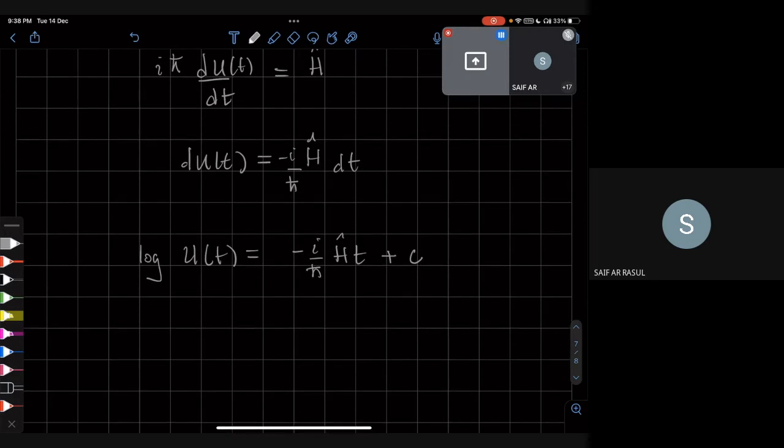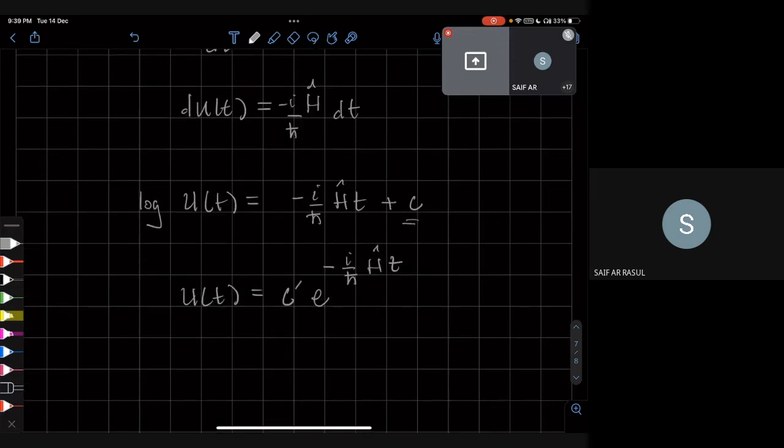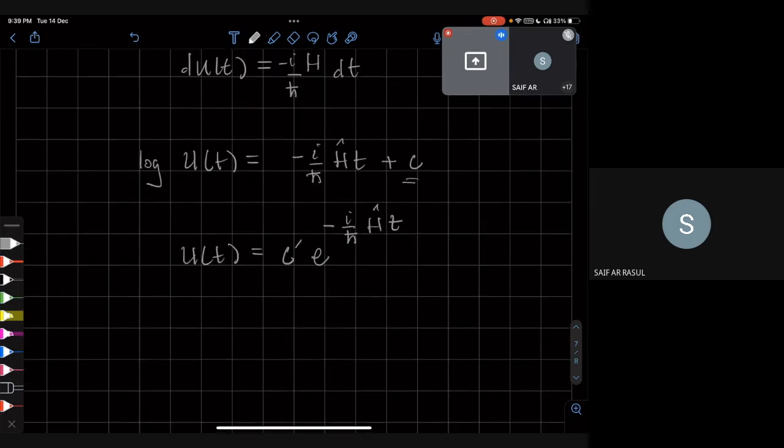If I take the antilog of both sides, I get U of t is some constant C prime times the exponential of this, e to the power minus i by h bar H hat t.